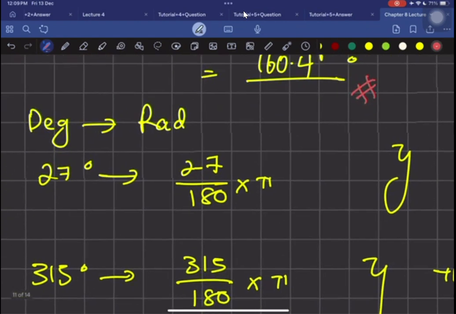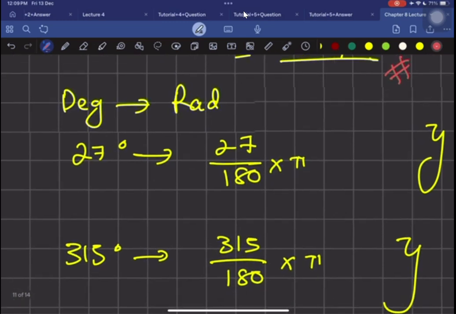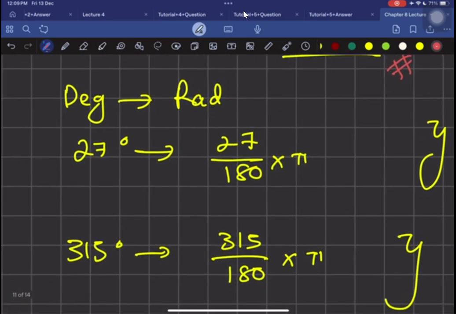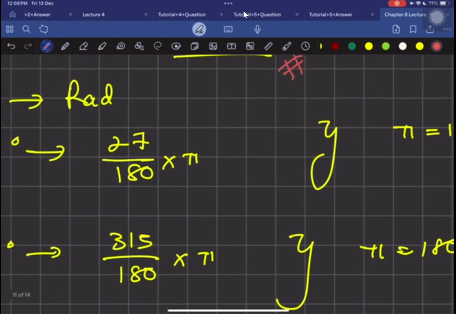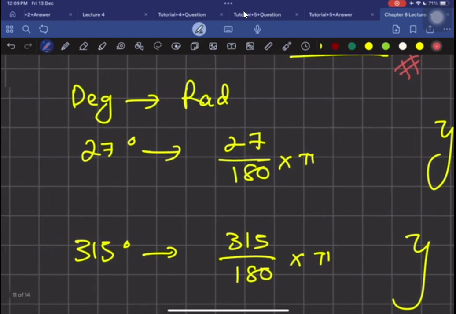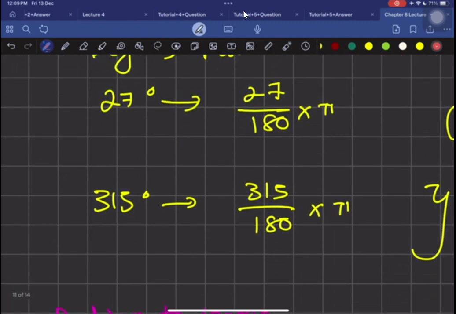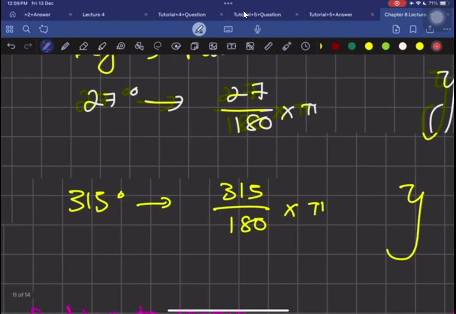Similarly for degrees to radians, just divide by 180 and multiply by pi, since pi radians is equal to 180 degrees. You just need to manipulate the formula. So similarly for 315, it's just 315 over 180 times pi.